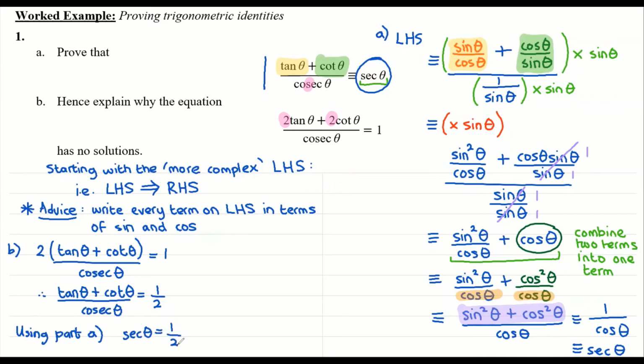Now, we have got to explain why this has no solutions. Okay, why does this have no solutions? Well, the answer lies in the previous lesson when we looked at the graphs of sec, cosec, and cot. Now, just to clarify this, if you haven't seen the previous lesson, or you can't remember it, or you don't have your notes handy, let's just have a look at the sketch of sec theta first.